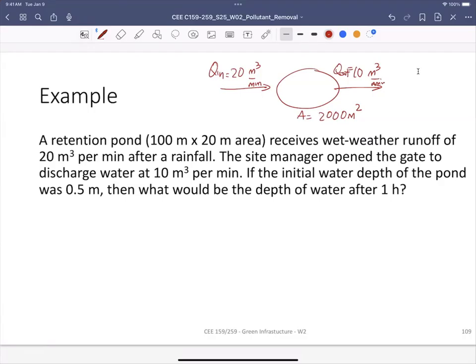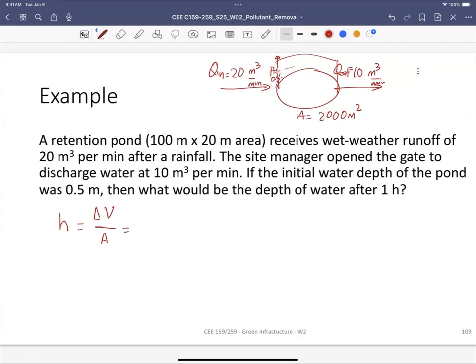So basically, the initial height was 0.5 meters. As the water rises, it is going to rise even more based on the volume. So the height of the water is basically the volume of water you added divided by the area. If you think of a cylinder, the height times the area is the volume of water.